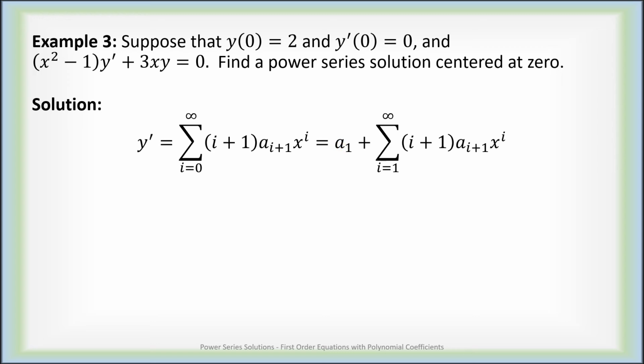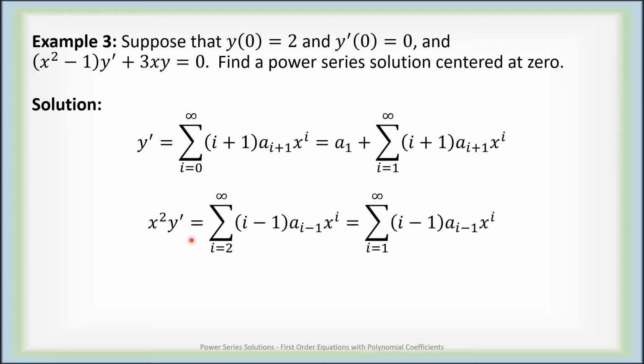So this is the same sum that we had. We already determined this series for x squared y prime and remarked that if i is 1, it would have predicted a 0, so we can add that term in with no change. So now x squared y prime and y prime both have sums beginning at the same index with matching powers of x.